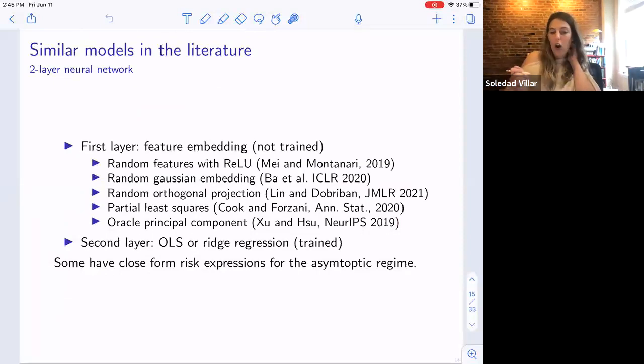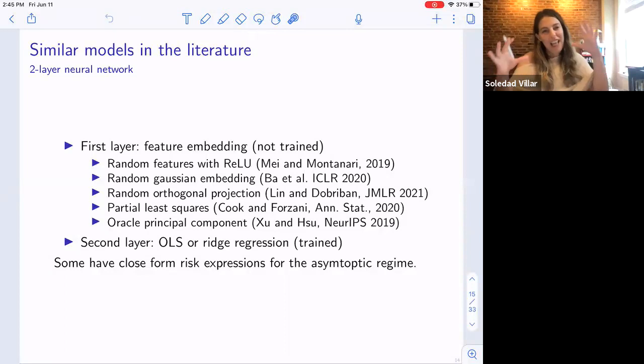I want to connect this idea with many papers in the literature that are proposed as the analysis of two-layer neural networks, but with a trick.